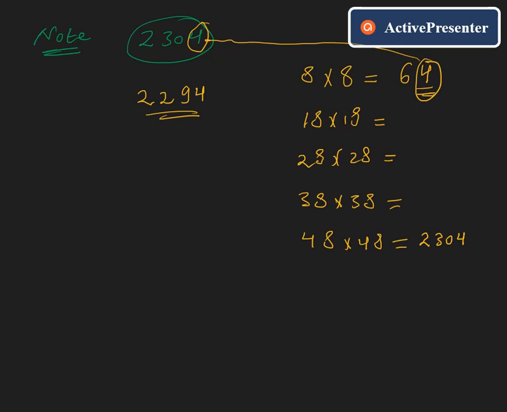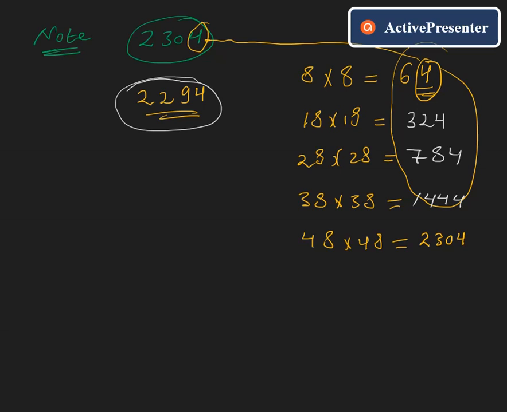After answering all these, 18 multiplied 18 is 324, and 28 multiplied in 28 is 784, and 38 multiplied in 38 is 1444. So if the final number is 2294, it should be between here.